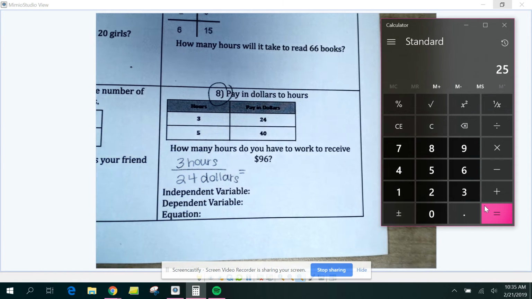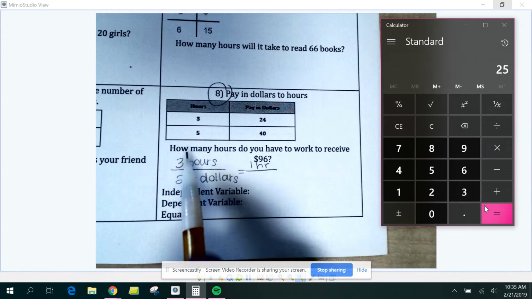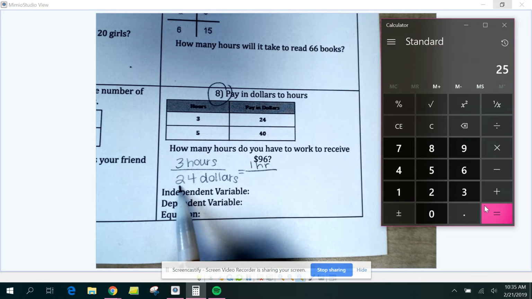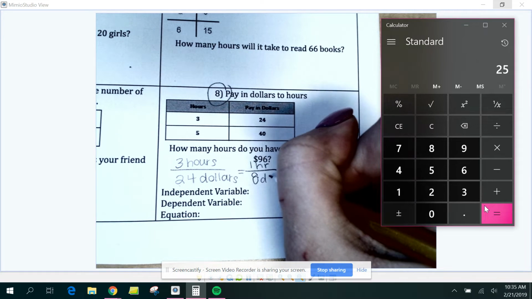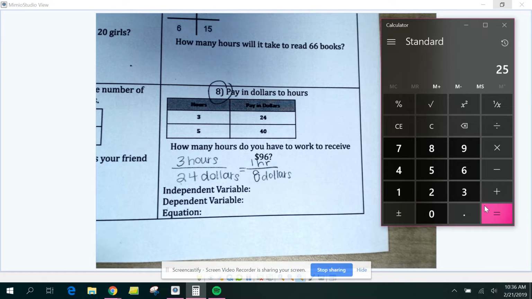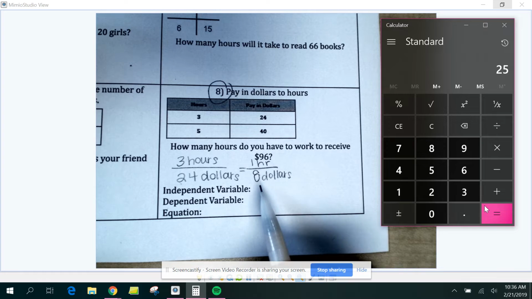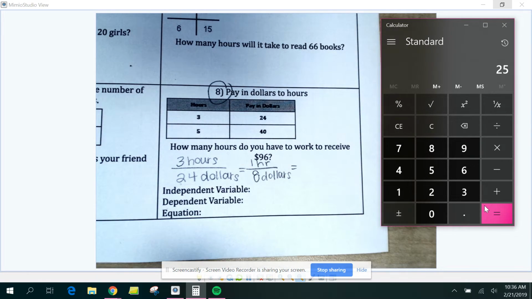Now, hey, here comes unit rate. How much do I get in 1 hour? Well, 3 divided by 3 is 1, so 24 divided by 3 is 8. So it'd be $8 in 1 hour. There's unit rate. So you can find that or just work with the original. Okay? I'm going to work with the unit rate.